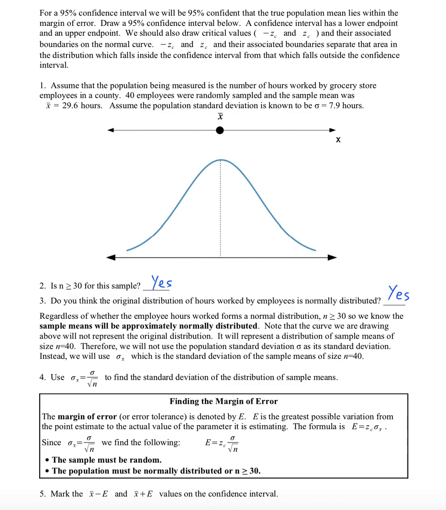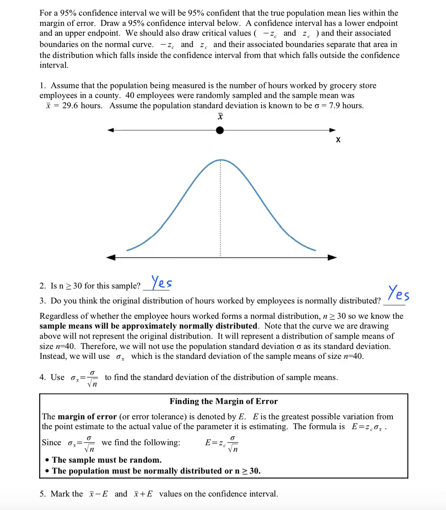And some would work more, some would work less, but it is less likely for them to work more or less than average. So yes, it's typically a normal type of thing. So, regardless of whether the employee hours worked forms a normal distribution, our sample size is greater than 30. So we know that the sample means will be approximately normally distributed.